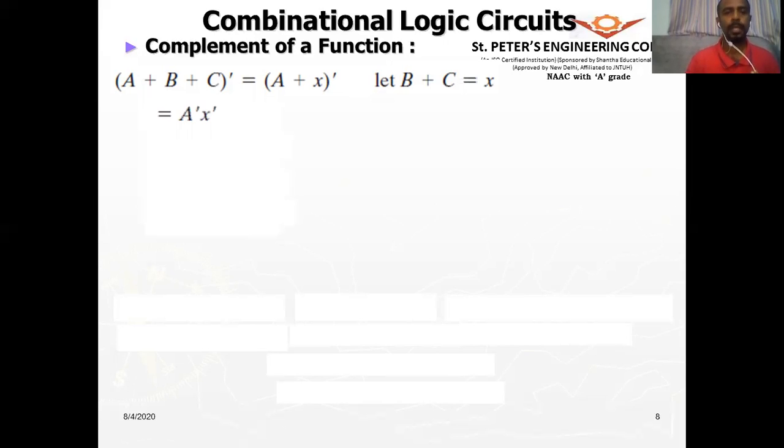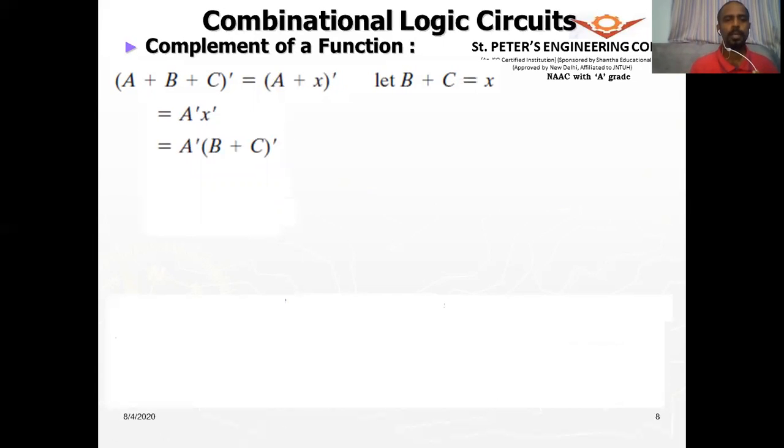By De Morgan's theorem, a OR x whole complement is a complement ANDed with x complement.